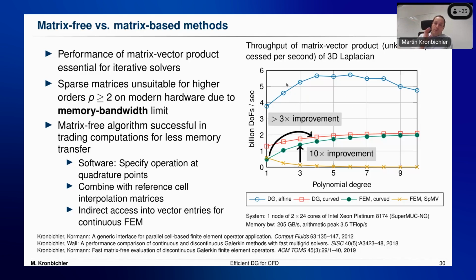The bottom line of this slide is that when you do matrix-free methods on a polynomial degree 3, for example, they provide you around a 10-time improvement in the operator evaluation time for this polynomial degree.